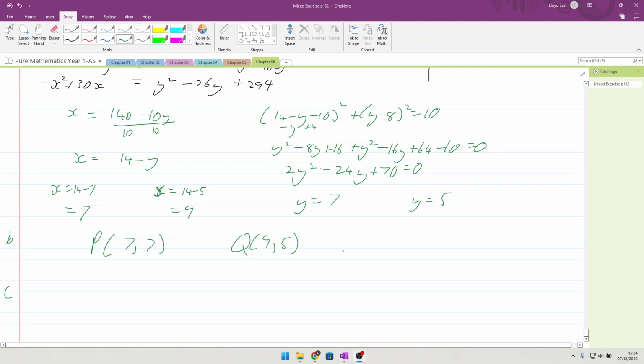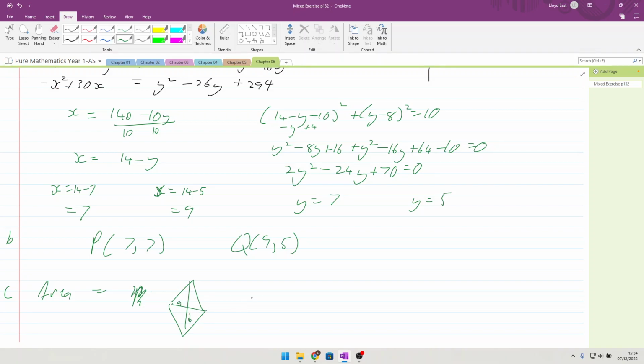All right. So area of a kite is the two diagonals, well, corner to corners, call them P and Q. No, not P and Q, we've used them. Okay, but if your kite is here and you've got lengths of A and B, it's A times B divided by 2.